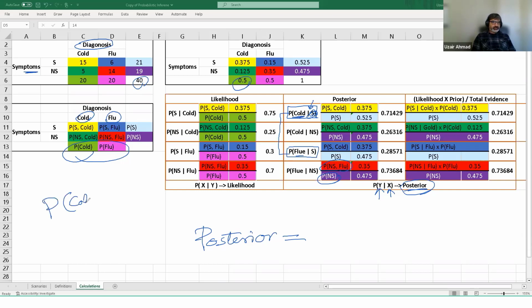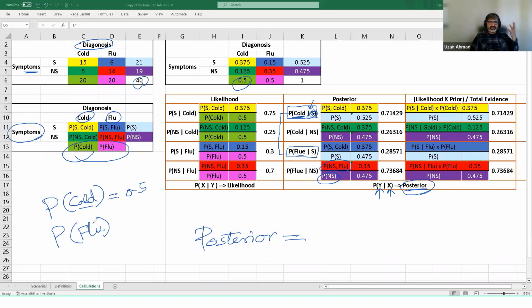0.5, right? So we want to estimate what? Whether the person has cold or flu, right? So if we don't know any information about the symptom, prior to knowing the symptom, what is our prediction about cold? 0.5. What is our prediction?